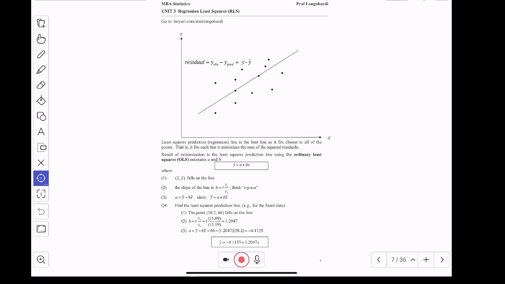So what we're doing when we're trying to capture this line is we're estimating it. Essentially, we want to find this line. But because the points don't all fall on the line, it's just a prediction line.